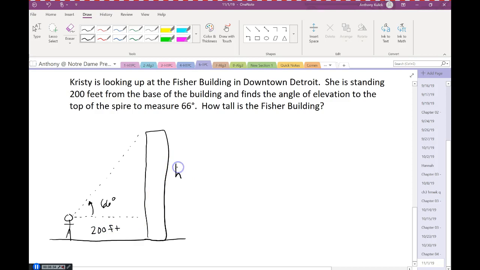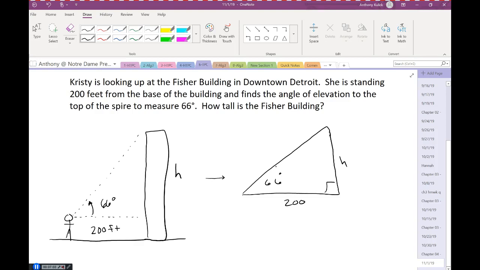And we want to know how tall the building is. So we're looking for that. Hopefully, this doesn't take a lot of imagination to see that this just turns into a right triangle. Everybody can see that?